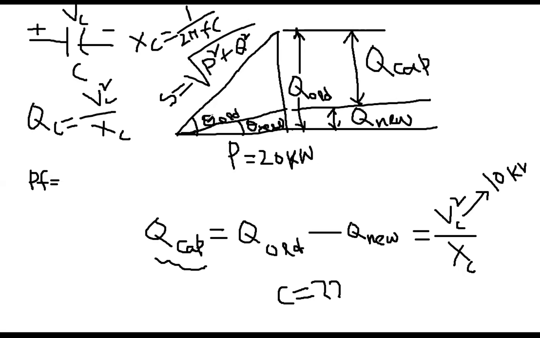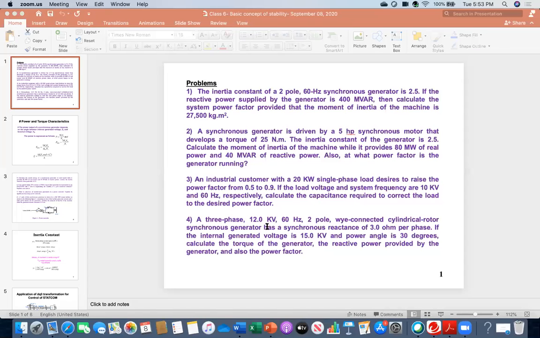Let me see. One second, read that statement, then you will understand. Now read the statement once again. Industrial customer with a 20 kilowatt single phase load desires to raise the power factor from 0.5 to 0.9.